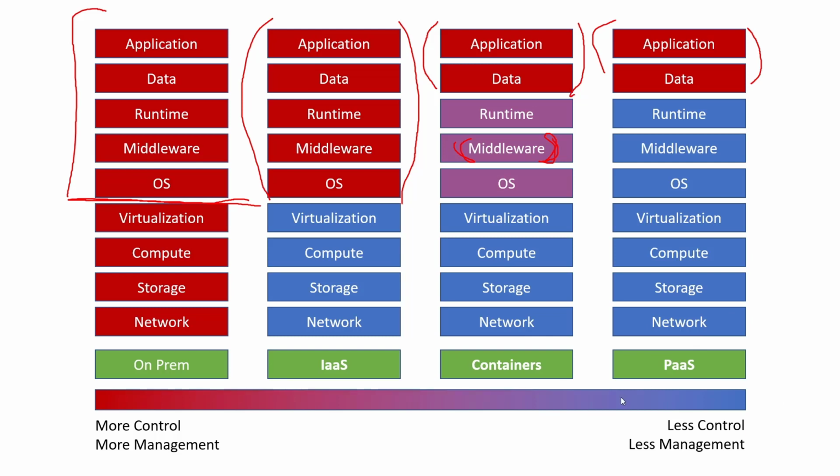So those are the trade-offs between those. And those are definitely factors that you have to take into consideration whenever you're going into one of these different kinds of options that we're going to be reviewing today. And if you need that more fine-grained control, obviously you're going to prefer something more to the left. If you don't need that fine-grained control, you're going to prefer something to the right.